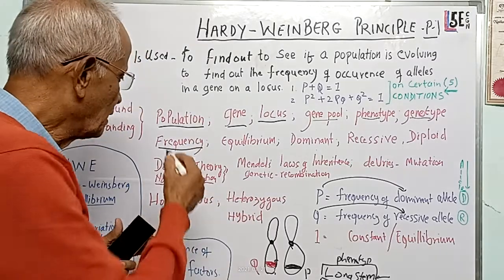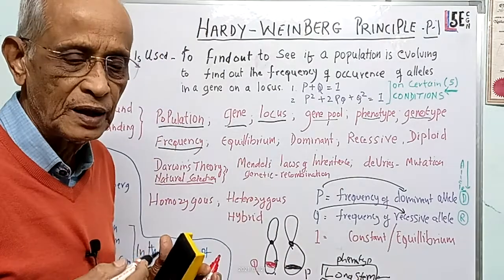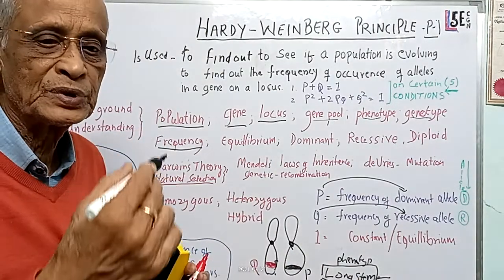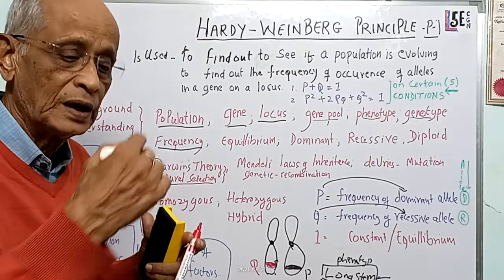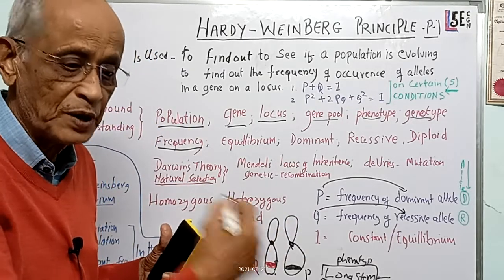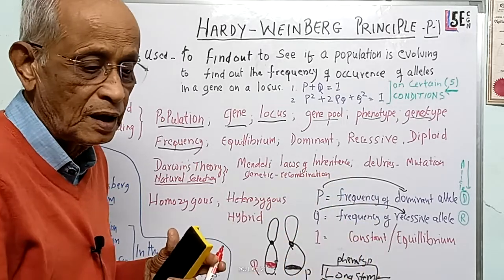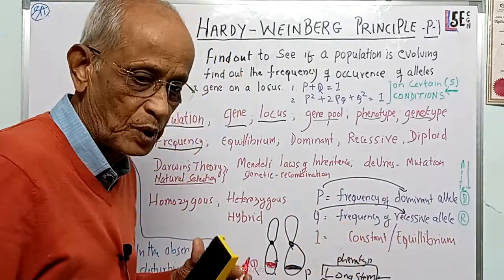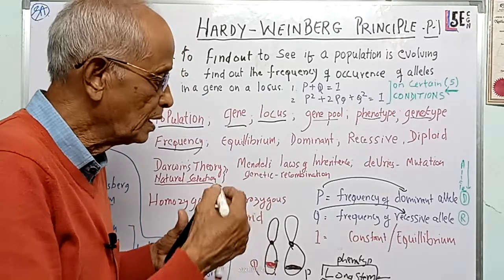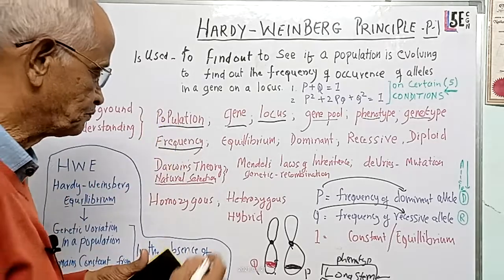Supposing I think of a long stem or a yellow flower, in how many life cycles is it going to appear? If that plant produces 20 different individuals by reproduction, whether the yellow flower will appear in all of them talks about the frequency.